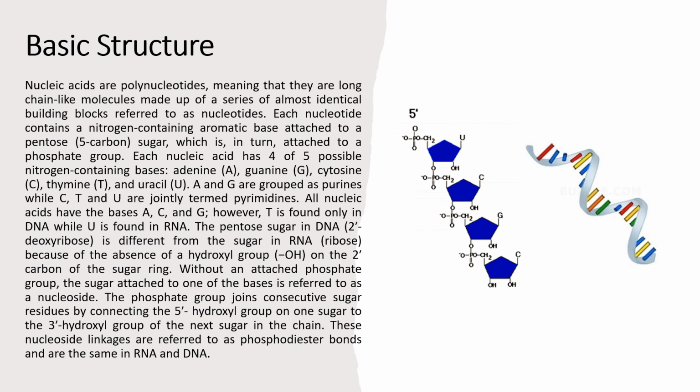The phosphate group joins consecutive sugar residues by connecting the 5-hydroxyl group on one sugar to the 3-hydroxyl group of the next sugar in the chain. These linkages are referred to as phosphodiester bonds and are the same in RNA and DNA.